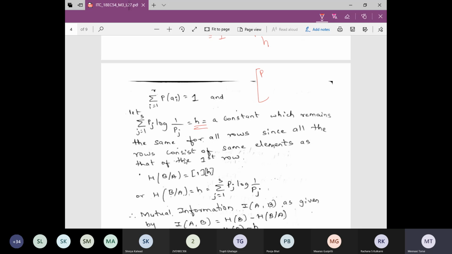Because each row has the same elements p1, p2, p3 and so on up to ps, but the elements are arranged in a different form. So if we add all the elements of each row, we get the same value.